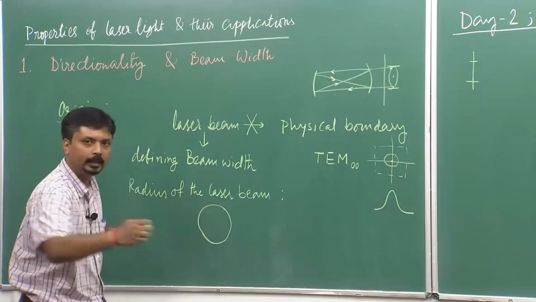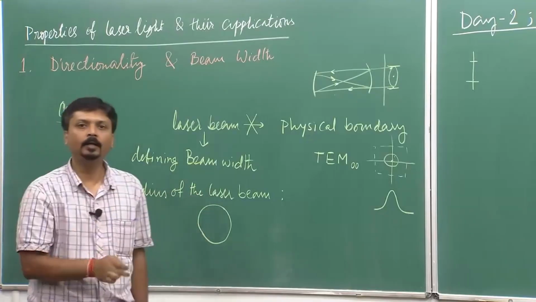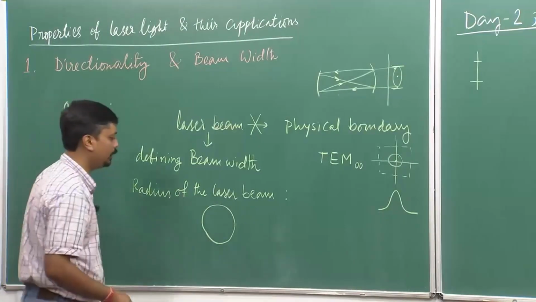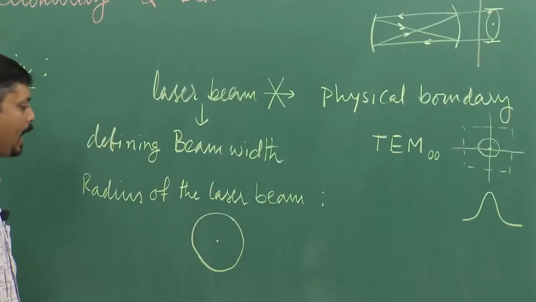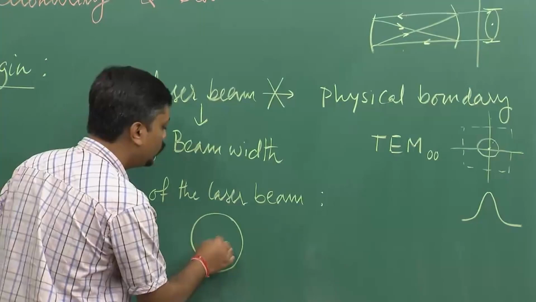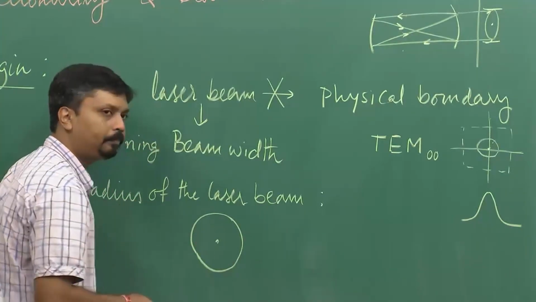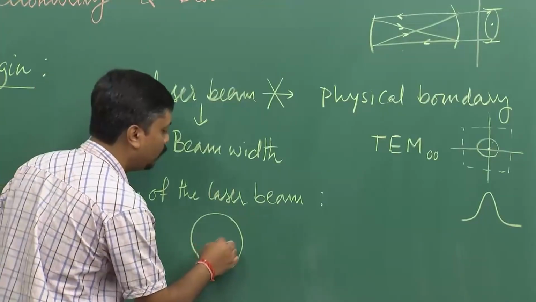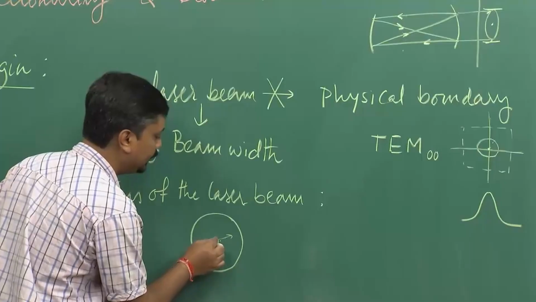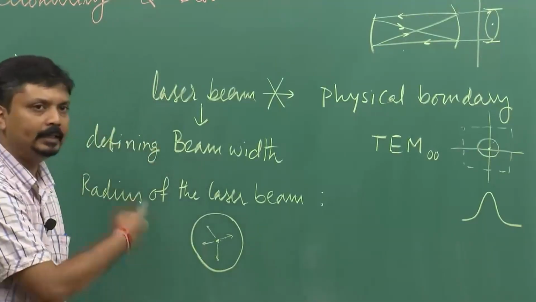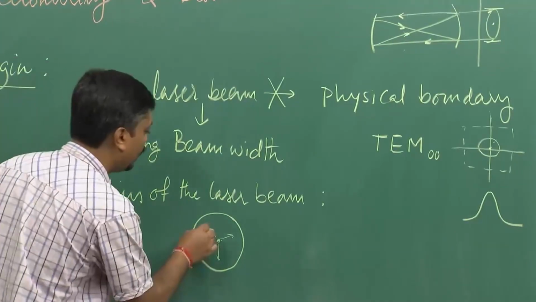Laser is propagating in this direction, I am taking a cross section and I am nicely drawing this line, but we know that there is no physical boundary here. So, how do I define? I start from this center and I go a distance radially, meaning I go in this direction or this direction or this direction or this direction. In this case it is very simple because it is symmetric all around, right.